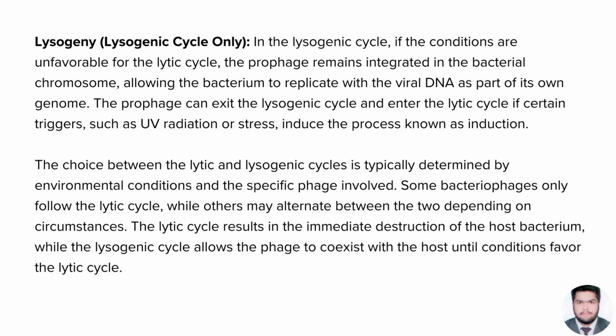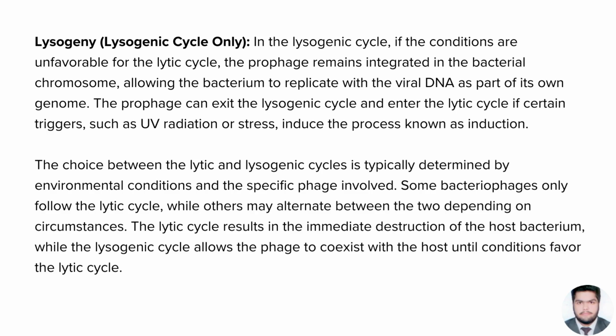Lysogeny. Lysogenic cycle. In the lysogenic cycle, the conditions are unfavorable for the lytic cycle. The prophage remains integrated in the bacterial chromosome, allowing the bacterium to replicate the viral DNA as part of its own genome.